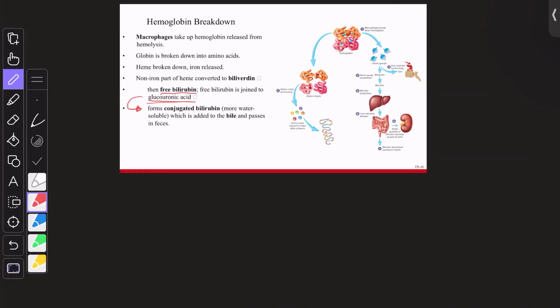That gets filtered in the kidneys and is removed from the body through the urinary process. Okay, so here's the thing. There are two different structures that we have, or chemicals, I guess. We have urobilins and we have stercobilins.